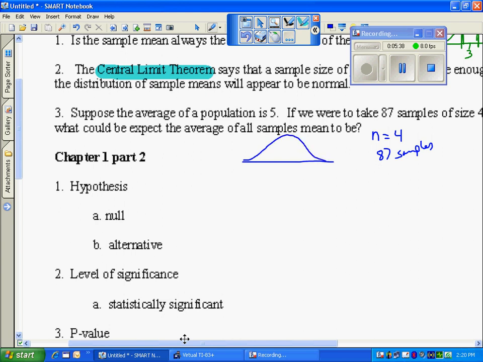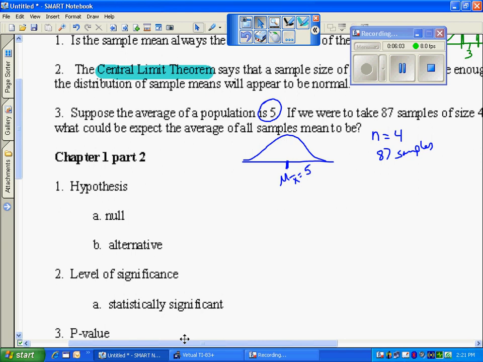And guess what I would get for the mean of my sample means? I would get the same value as my population, because your sample mean is going to estimate your population mean. Not exactly, but it's going to follow this normal distribution. So I know it's all going to clump to the center.